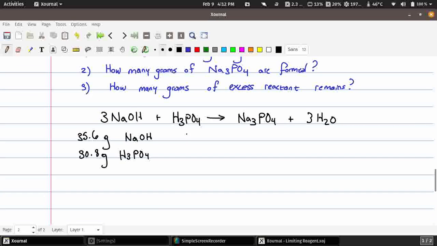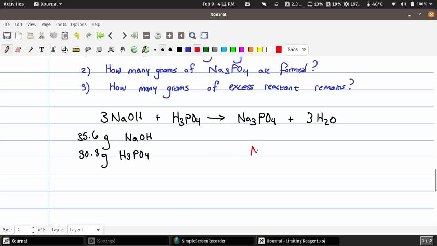First things first, we have to find the molar mass of our 2 reactants and our product. We don't need the molar mass for the product right now, but I'm still going to solve it because it's a good habit to get into, so you have all the calculations you need and you don't get slowed up.